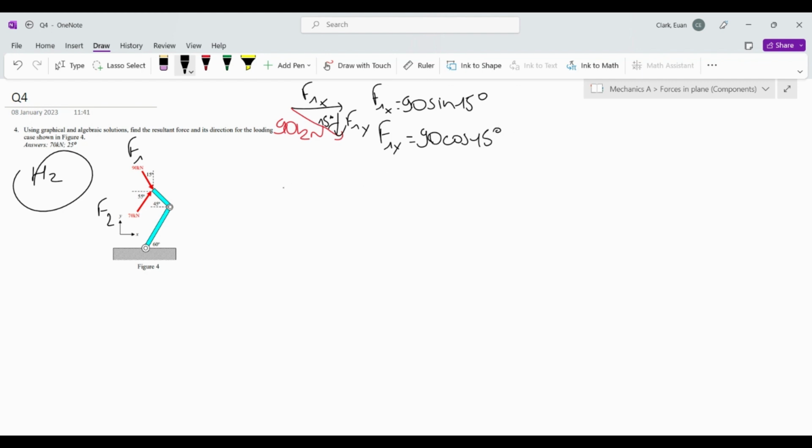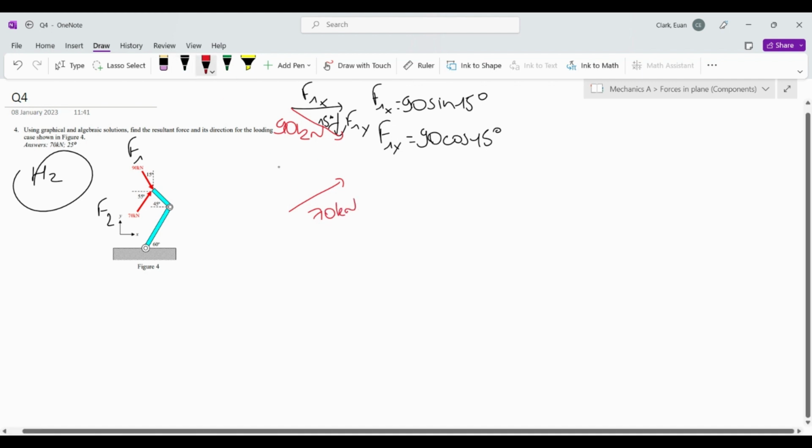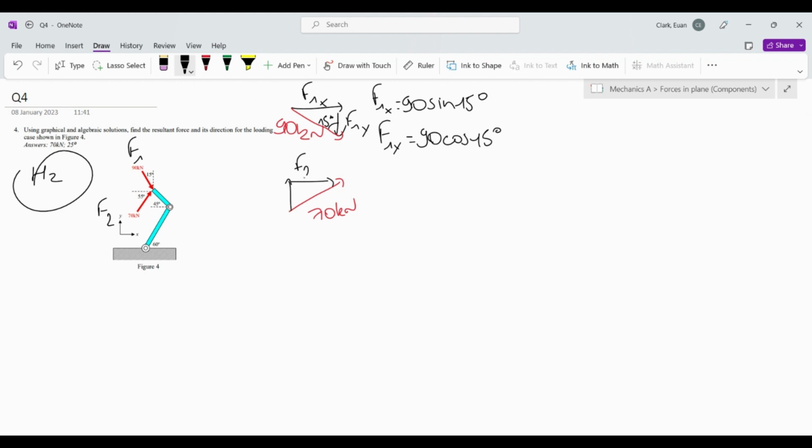And then we're going to have F2, which is the other force. That's going to be 70 kilonewton. There we go. We're going to have the y component and the x component. So F2x and F2y. And the angle we're given in the question is 55 degrees, which is this angle here.